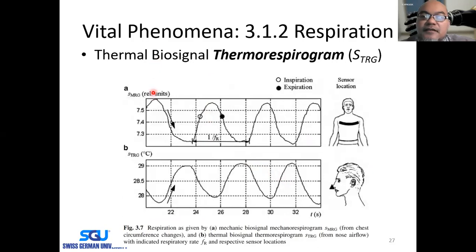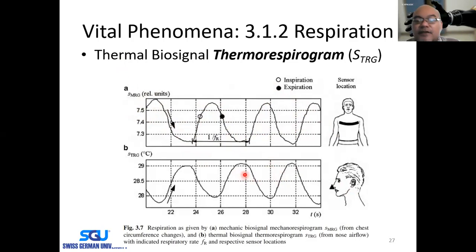We can also measure respiration using a thermal biosignal, or thermorespirogram, TRG. Here we will also have oscillation. This is a mechanical respirogram measured from the expansion and contraction of the volume of the chest, and this is the thermorespirogram measured from the temperature of the air breathed out from the nose.